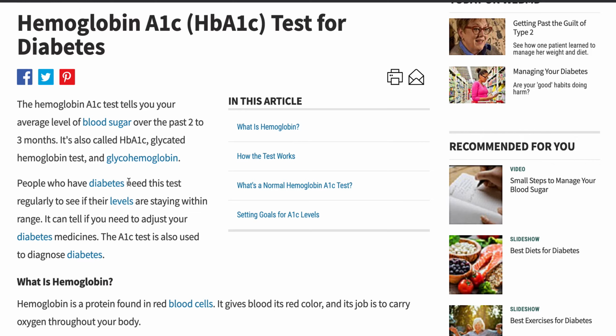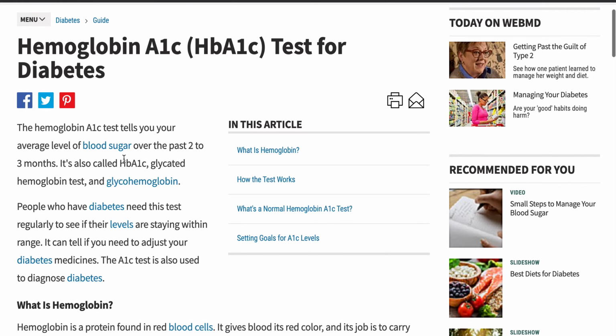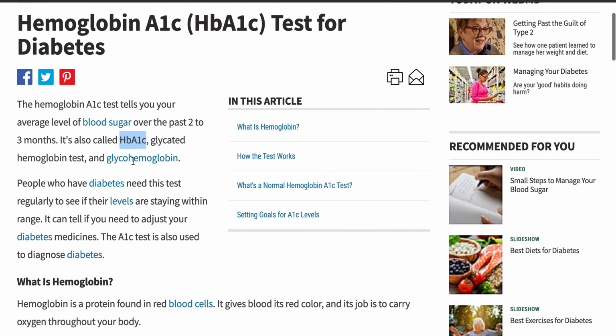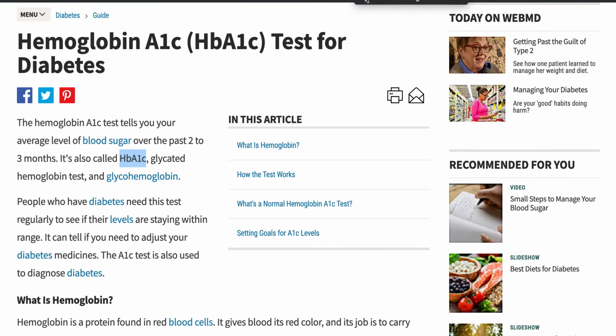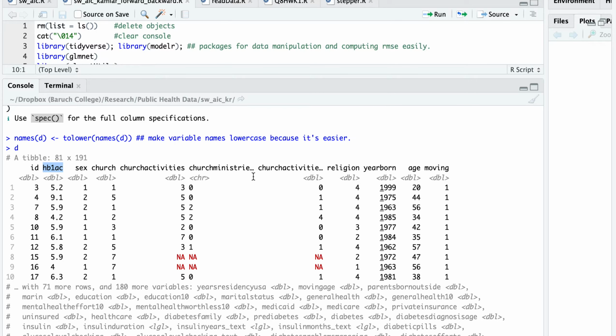And since the subject is diabetes, it's something that they measured for every individual. You can read more about it, but as far as we are concerned, this is a measure of the amount of sugar in the blood during the past two months or so. And we would like to predict this, or understand the relationship between this measure and many other variables.